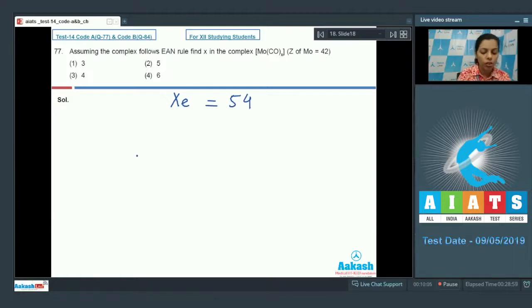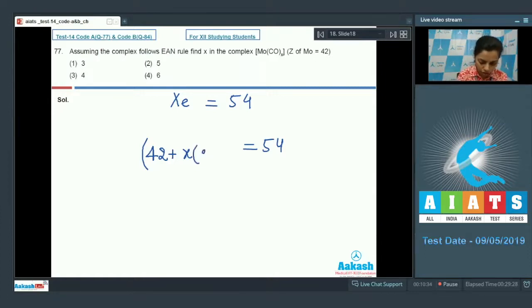So EAN for this complex is 54, and its value is equal to the atomic number of central metal atom minus its oxidation number. In carbonyls, the oxidation number of metal is 0, so that's why I'm not writing it here. After that, the number of electrons donated by this ligand: 2 electrons are donated per carbon monoxide molecule.